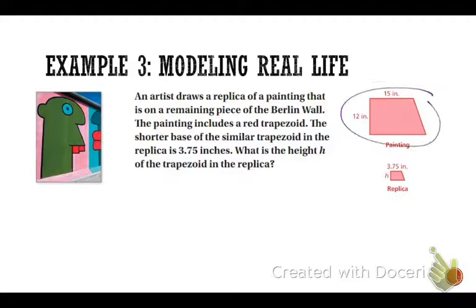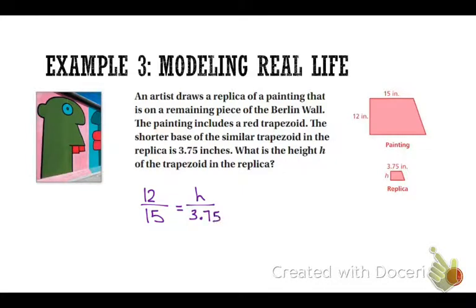So let's look at the painting: height over base, 12/15. If you look in your book, they did it differently, but we're going to end up with the same answer. The height of the painting over the base equals the height of the replica over its corresponding base.